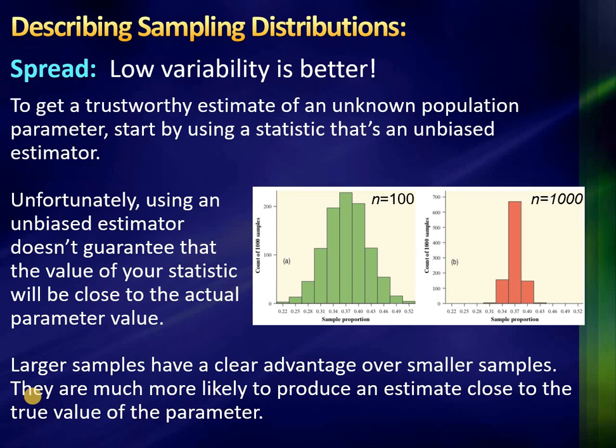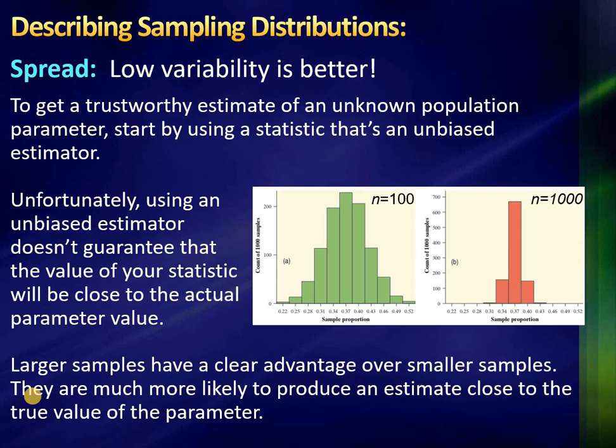A sample of 1000 is actually better. This sample of 1000 has greater predictability because you're not going to have that crazy little guy out here at 0.22. I'm not as likely to have that 0.52. You see, that's not possible here. The larger sample means you have to take a whole bunch of different values.